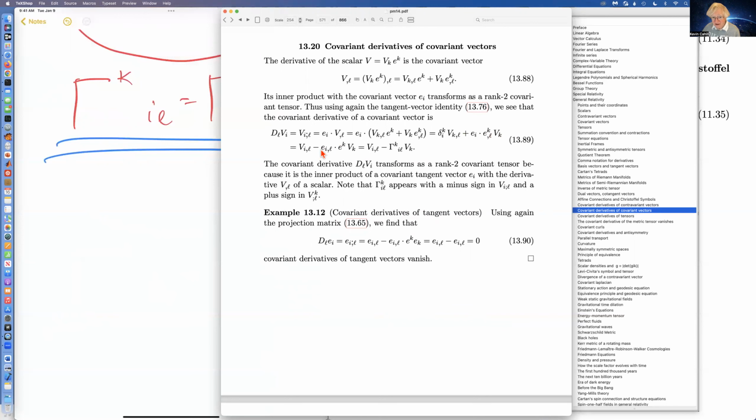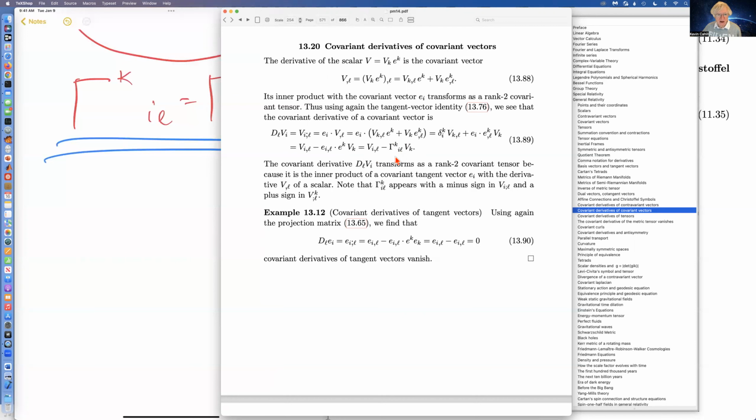And so what we have then is that the covariant derivative of a covariant vector is the ordinary derivative minus a linear combination of Christoffel symbols times the components of the covariant vector. Okay, now, how do you remember how to do this? Well, obviously, you're going to have the Lth derivative of the ith component to give you this.